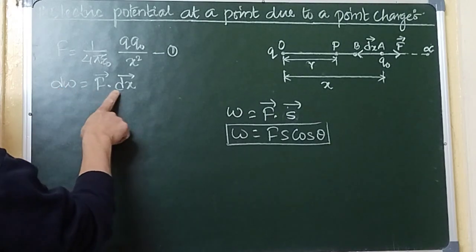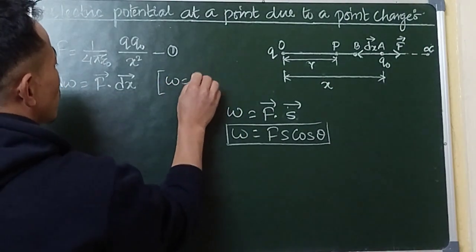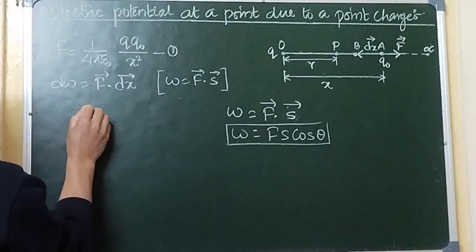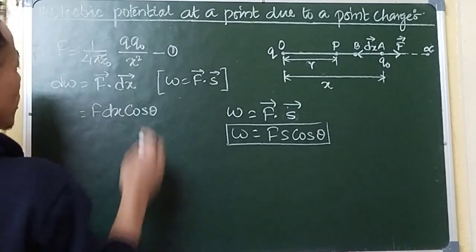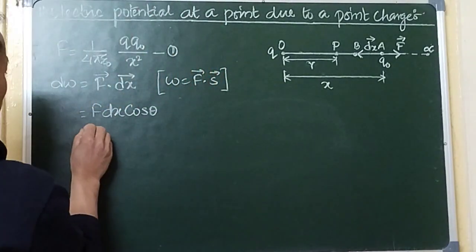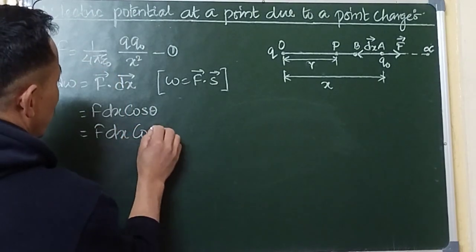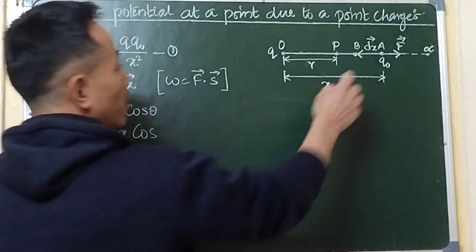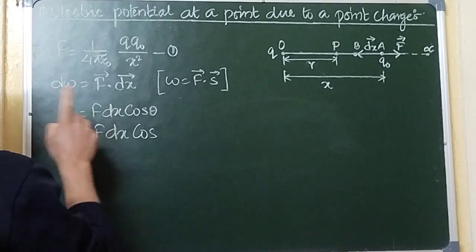So dW equals F dot dx, using this equation, since W equals F dot S. Now if we expand this, we can write this as F dx cos theta. Now let's find the value of theta from the diagram. So we have F dx cos of, now if you look at the angle between the force and the displacement dx, this theta is nothing but the angle between force and dx.